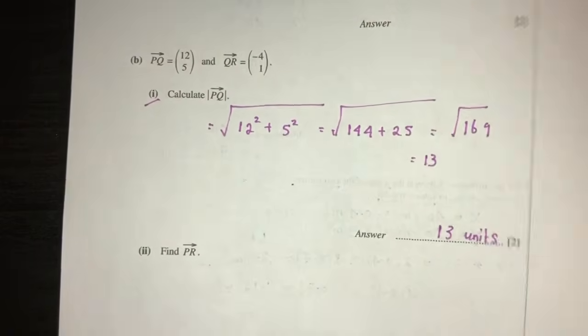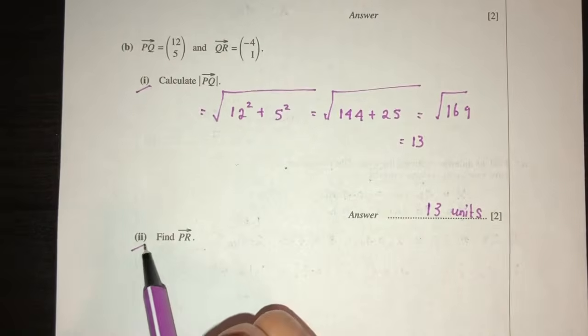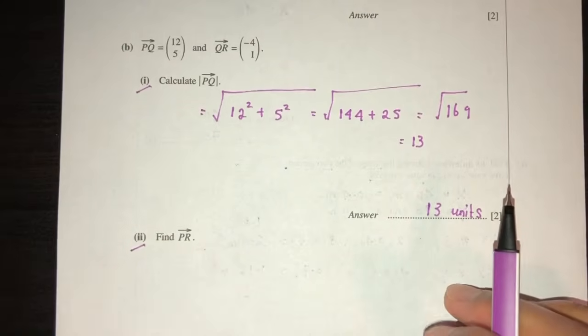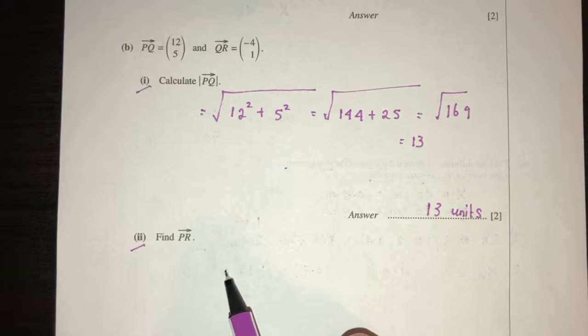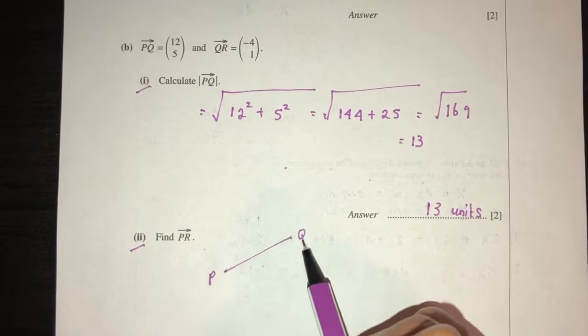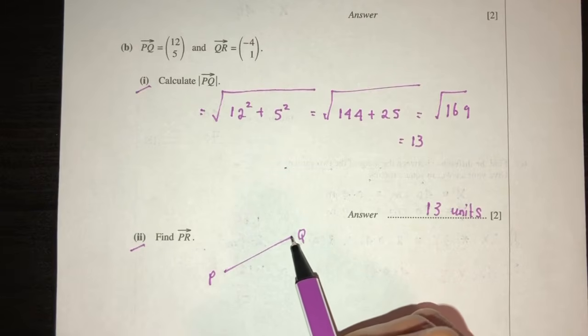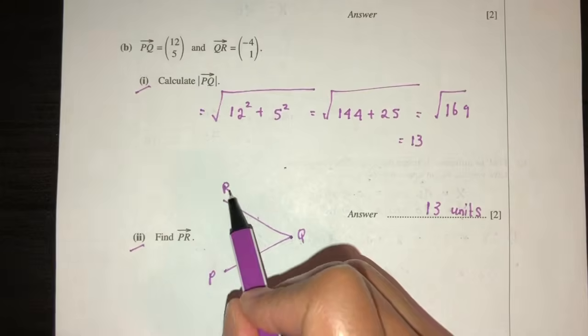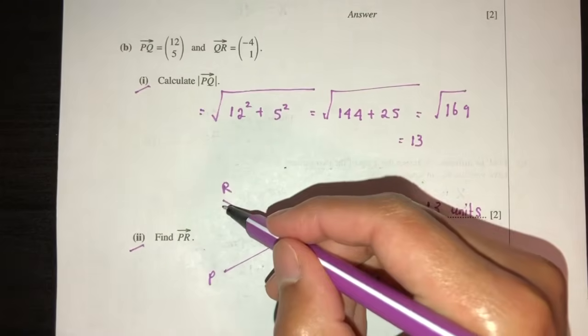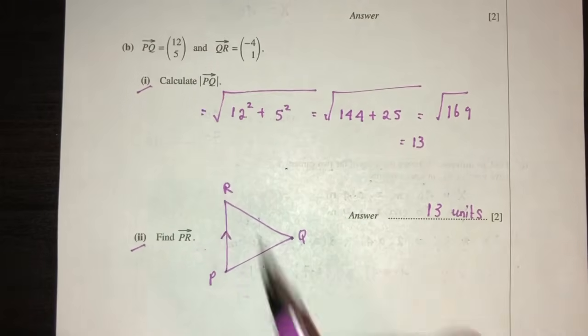Now part 2, find PR. So P to Q, let's say this is PQ, is given to you, and we know Q to R has been given to you by this. So we have to find PR. So how would you find PR?